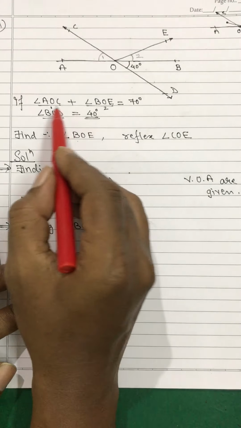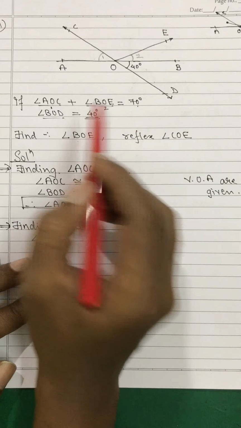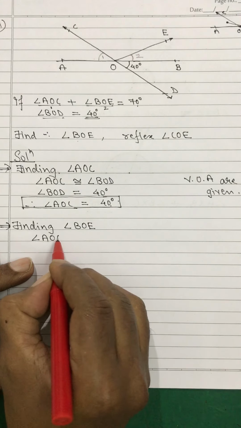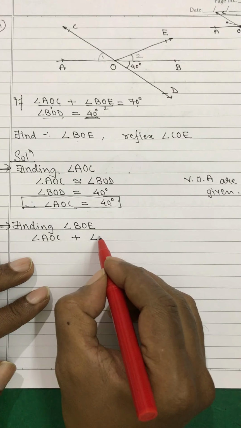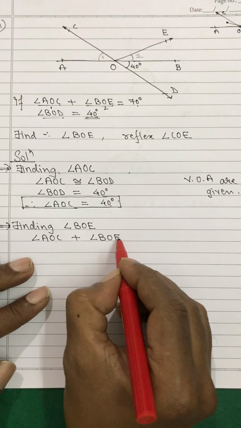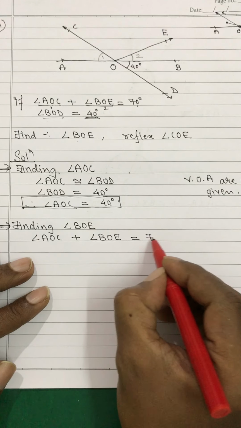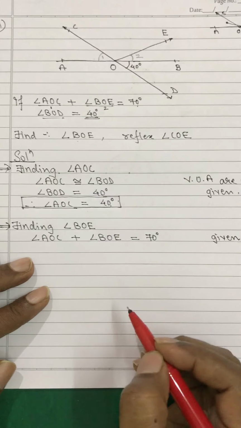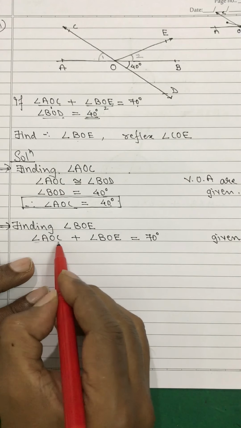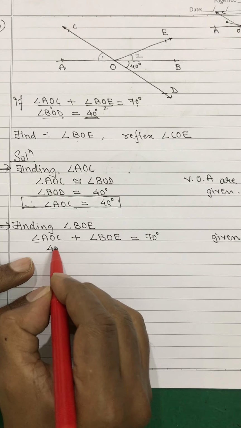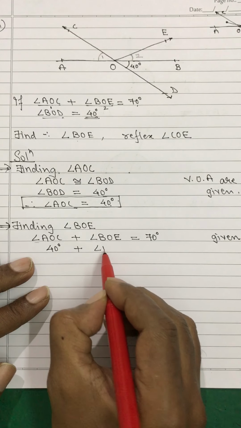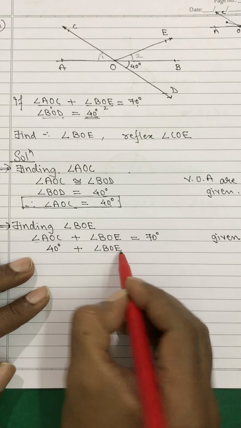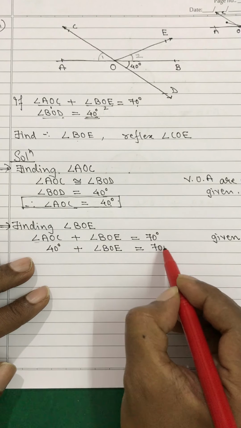For that, what you are supposed to do, you are going to use this equation, angle AOC plus angle BOE is equal to 70 degree, and this is basically again given. Now angle AOC is equal to 40 degree plus angle BOE, you don't know. What you don't know, you are not supposed to substitute. This is 70 degree.